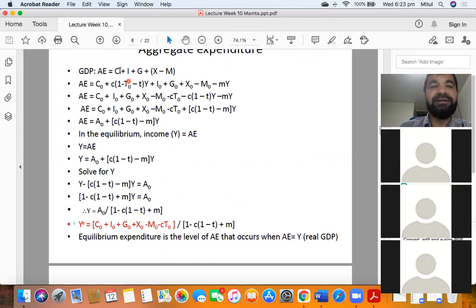Plus investment I0, government expenditure, nothing to do with income, and M is equal to M0 plus MY. So it's about the C that you have to understand. That's all. The others remain the same. And M, you know it: M equal to M0 plus MY. So M is autonomous import plus the marginal propensity to import times income.